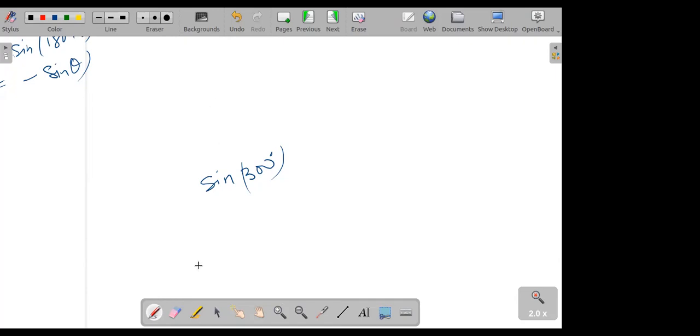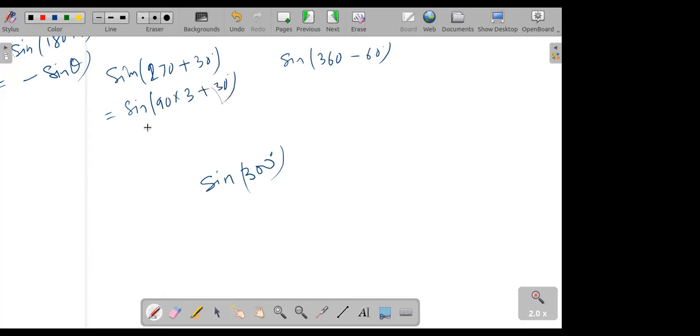Sure. So sine 300 we can write two ways: sine 270 plus 30 degree, and sine 360 minus 60 degrees. Here we can see this is an odd multiple of 90, so sine will change to cos.